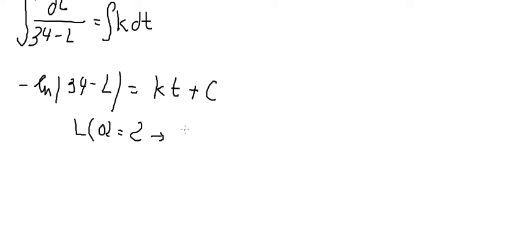That means when t equals 0, L equals 2. So we put L equals 2 in here, t equals 0 in here to find the constant.